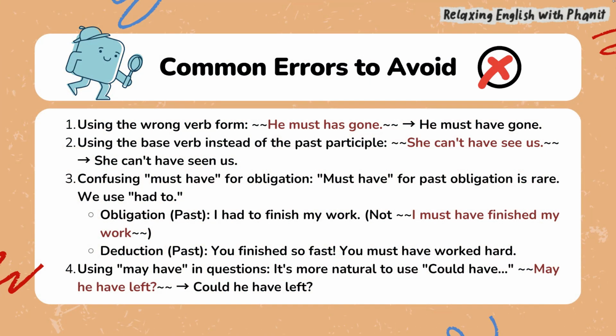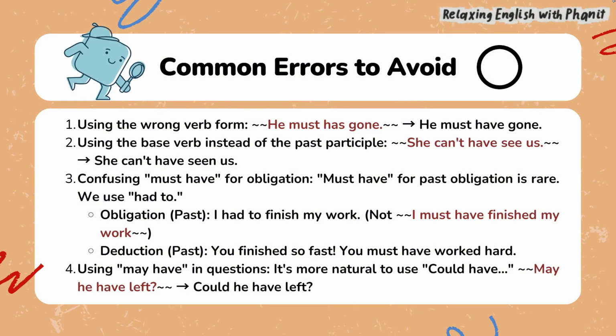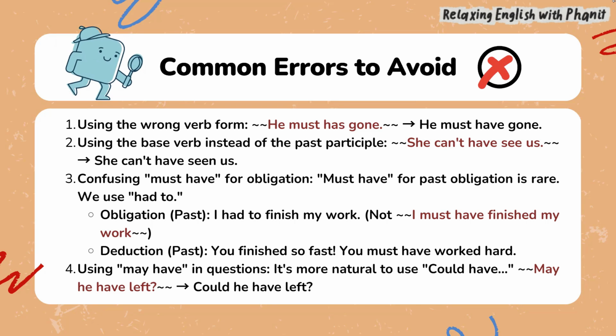Before we check the answers, let's talk about some common traps, the places where detectives often slip up. First, using the wrong verb form. It's never he must has gone. Always he must have gone. Second, forgetting the past participle. Don't say she can't have seen us. It's she can't have seen us. Third, confusing deduction with obligation.